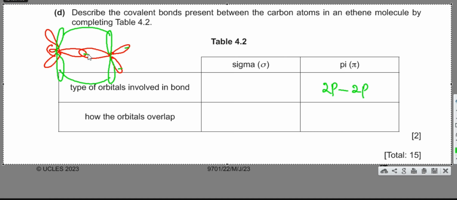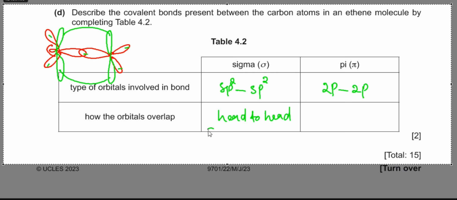So 1, 2, 3, and 1, 2, so 2, 3, 4, 5. These are the sigma bonds. How are they formed? We can say by an sp2 hybridized orbital overlapping with another sp2 hybridized orbital. These overlap head to head, or you can write direct overlap; both are acceptable.